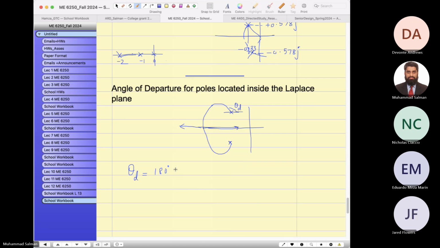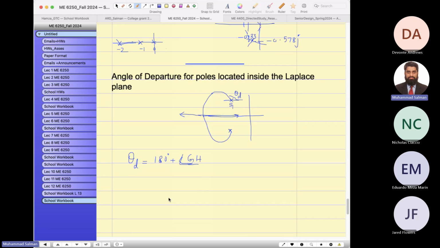The formula for the angle of departure is this one: 180, let's keep it simple for the positive, plus the angle of GH. The angle of GH is the angle excluding the pole for which we have to find the angle. Suppose we have to find it for this pole, exclude that pole's angle and find the remaining.